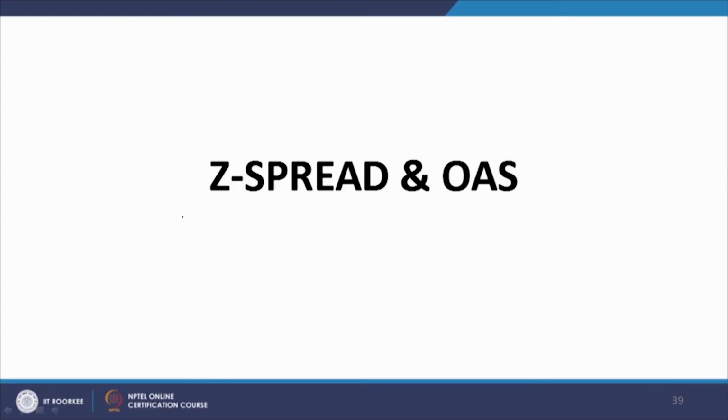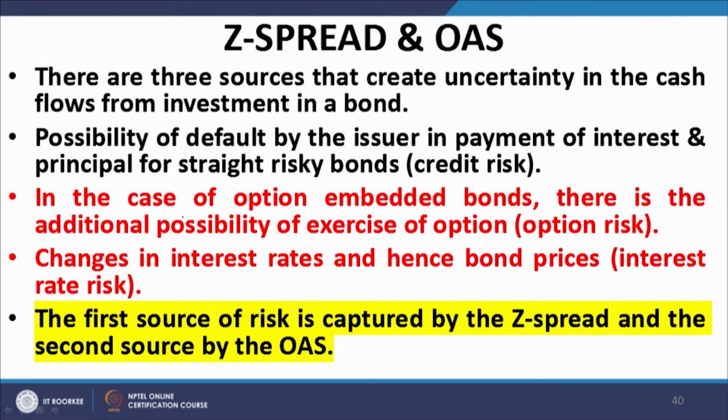Z spread and option adjusted spread. Now, this Z spread is very interesting. You see, when I talked about the G spread and the benchmark spread, I explicitly mentioned the words YTMs. Wherever the word yield was used in the context of the G spread and the benchmark spread, I referred to them as YTMs.